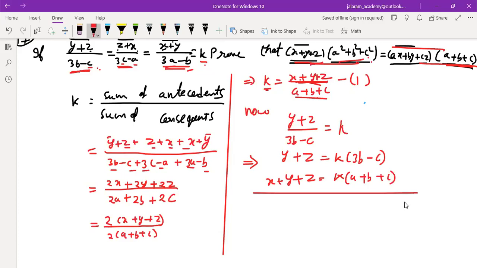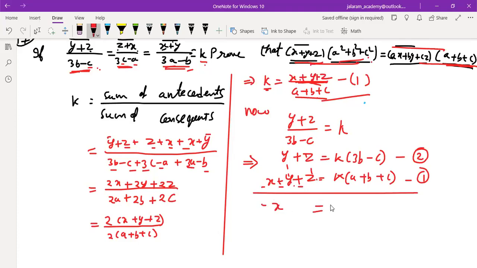Now if we consider this equation number 2, and we know that equation number 1 is already obtained, and if we subtract second from first, we get what? This is minus, minus, minus. So y cancelled out, z cancelled out.